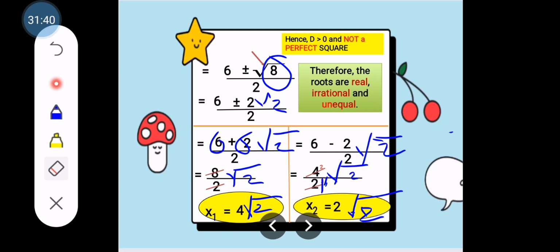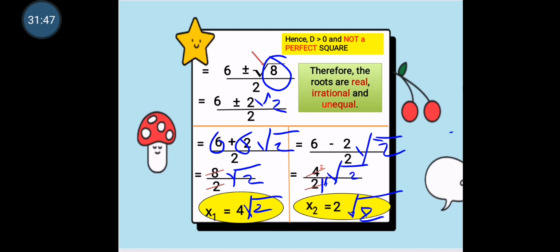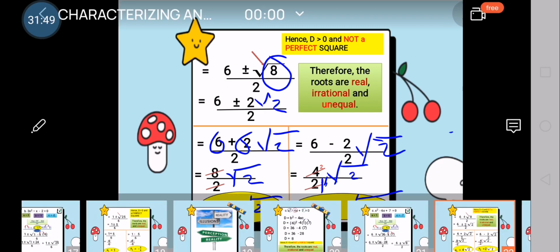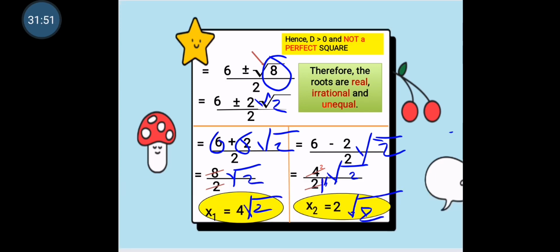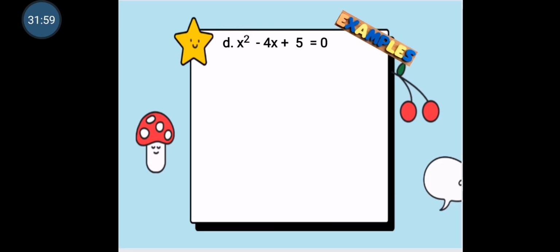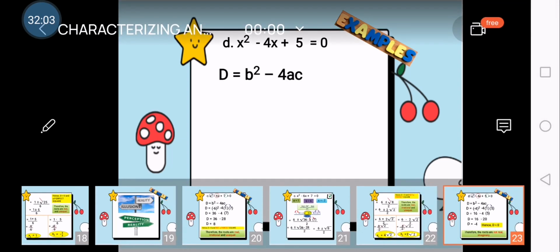At the same time, unequal. So, magkaiba po ang 4 the square root of 2 and 2 the square root of 2. So, yun po ang third nature of roots. Okay? Next. Ang kasunod na po natin ay ang fourth kind of nature of roots.